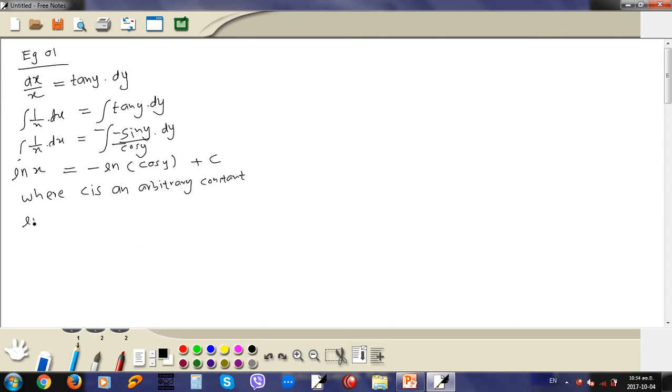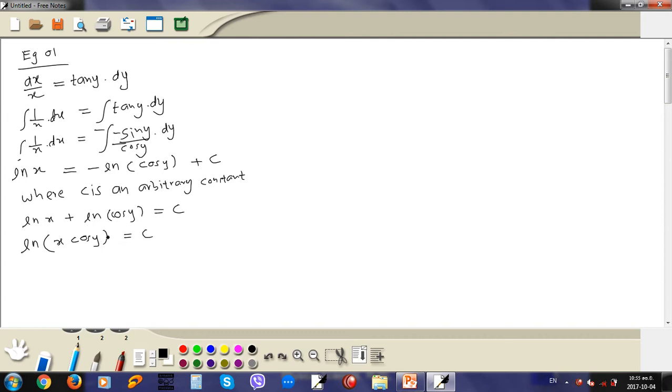So we can further simplify: ln x plus ln cos y equals c, right? The addition of logs you can write as multiplication, so x cos y equals c.